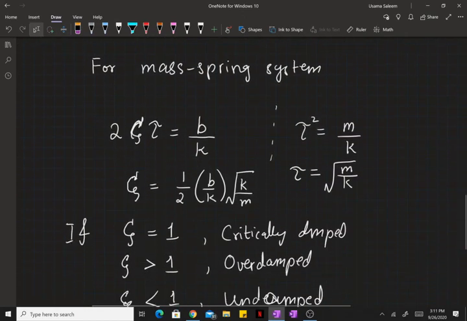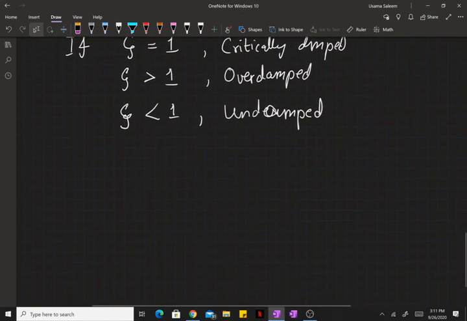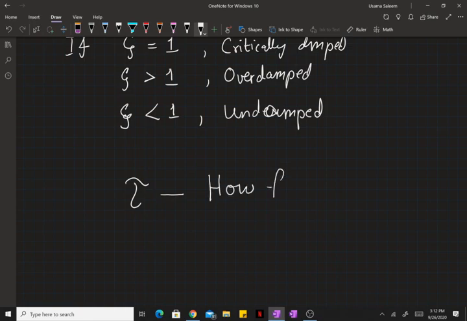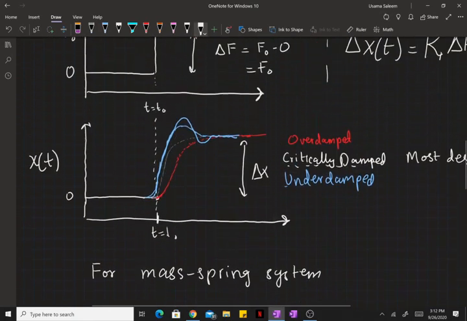Now we discussed the significance of the damping factor eta, and for a higher order system, tau is just going to tell you how fast or slow the system is. We won't have a nice precise definition like we had earlier in a first order system.